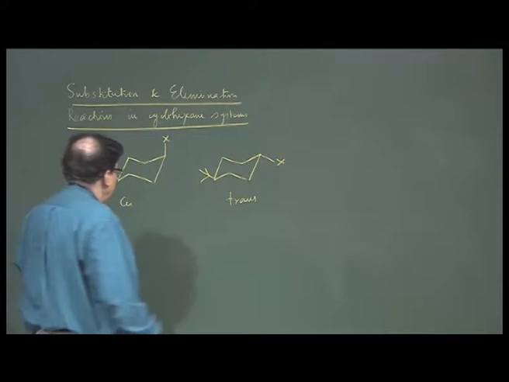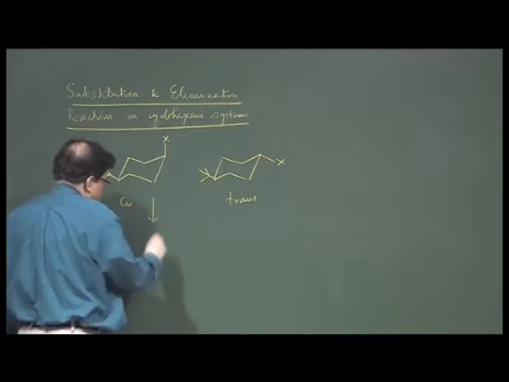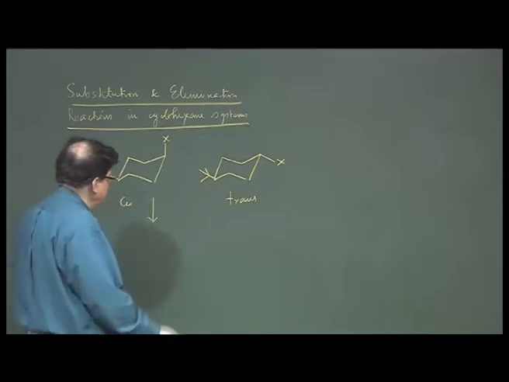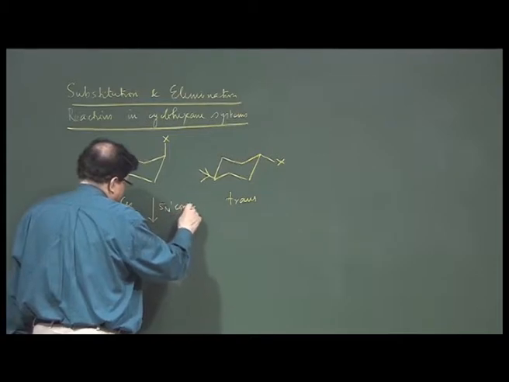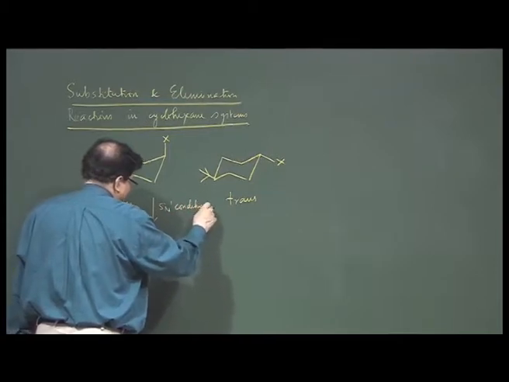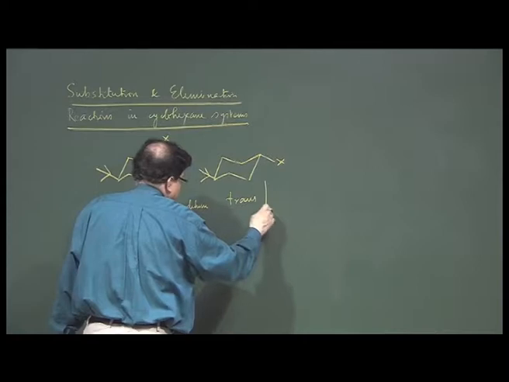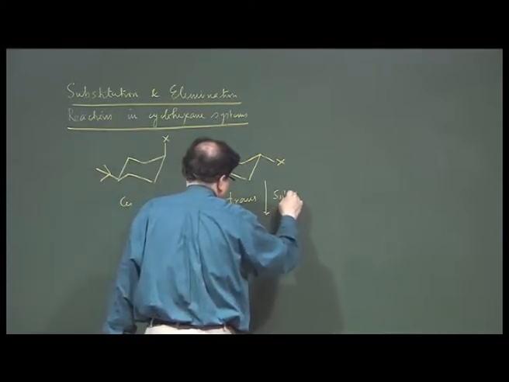Now, there are different kinds of mechanism for substitution reactions. Suppose we do it under conditions which favor SN1, and this one is also subjected to the same SN1 conditions.